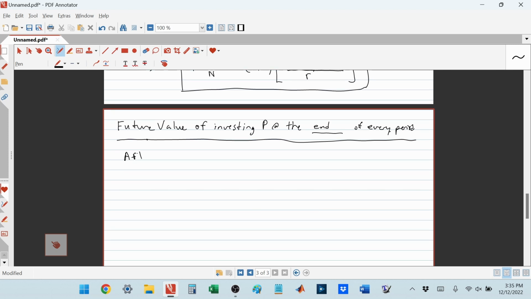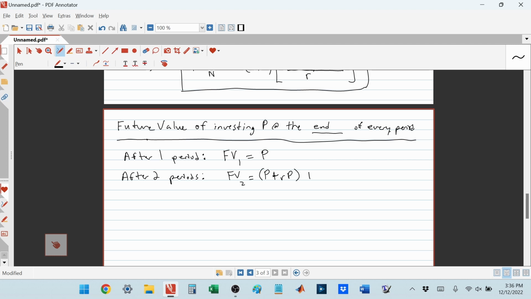Well, after one period, our account is worth, well, just P, right? Because we put it in at the end of the period and it has no time to get any interest. After 2 periods, our P is worth, this P at the end of the first period grows. We get some interest.